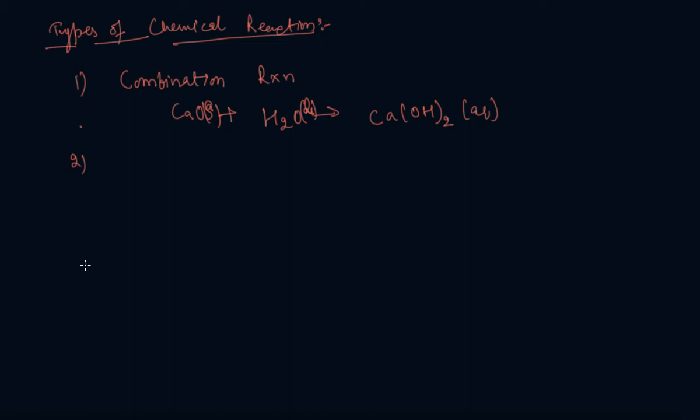Then we discussed the decomposition reaction, which is just the opposite of a combination reaction, in which, let's say, CaCO3 breaks into CaO plus CO2. So this is limestone breaking down into quicklime.